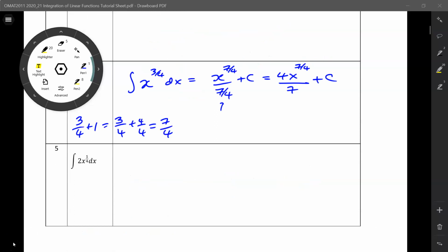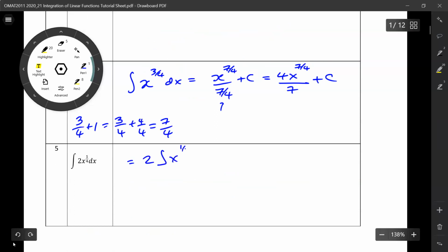Okay, the next one here is equal to the integral. I can take the constant outside, x to the power of 1/4 dx. So I add 1 to a quarter, which is a quarter plus 4/4. 4 plus 1 is 5, so it's 5/4.